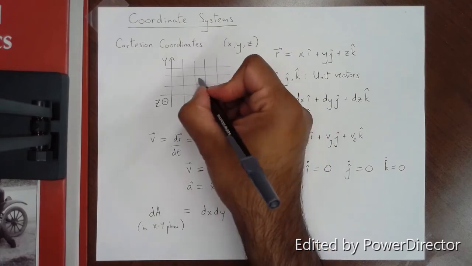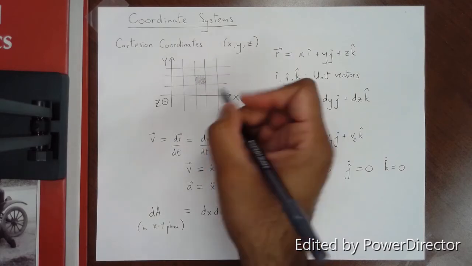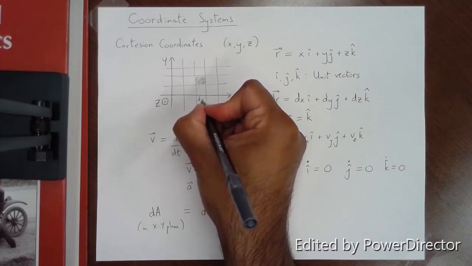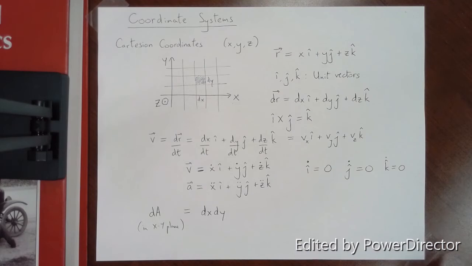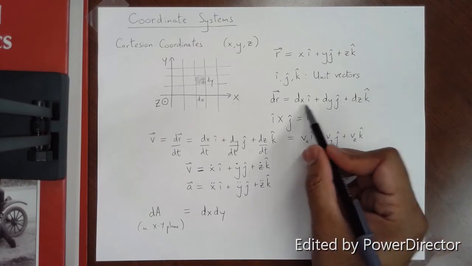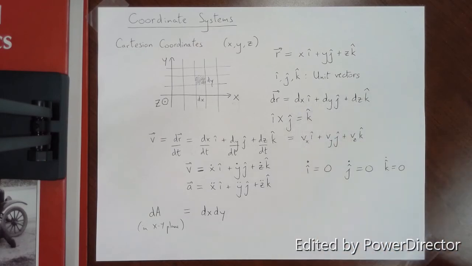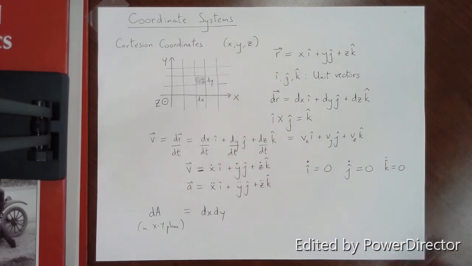In our picture, this corresponds to a little rectangle here of length dx and height dy. Now, this was because it was in the xy plane, in other words, at a constant value of z. Since z was constant, dz was 0, and we took the product of the other two components to get the area of this infinitesimal rectangle.